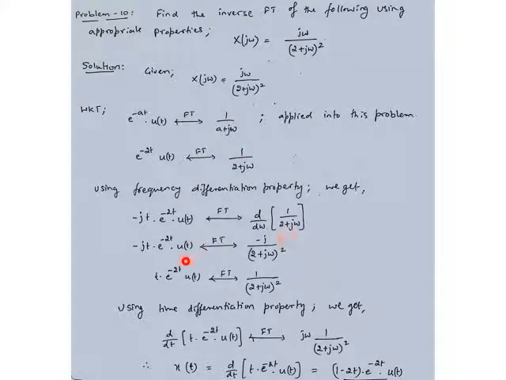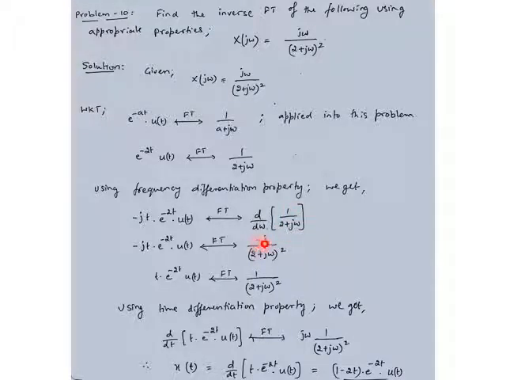I'll keep the left hand term as it is, but on the right hand side the differentiation is required for 1 divided by 2 plus j omega. Differentiating, the denominator is squared, and in the numerator, the differentiation of the numerator is 0 into the denominator, minus the differentiation of the denominator, which is j, into the numerator, which is 1.